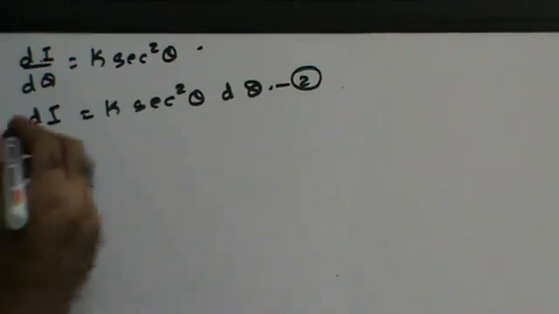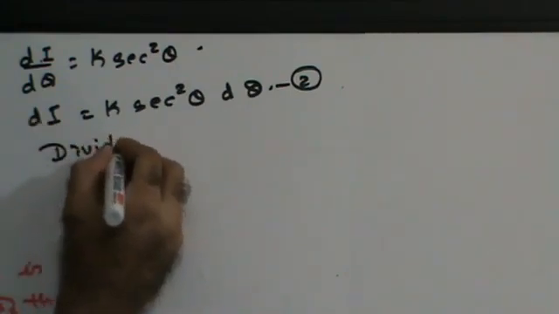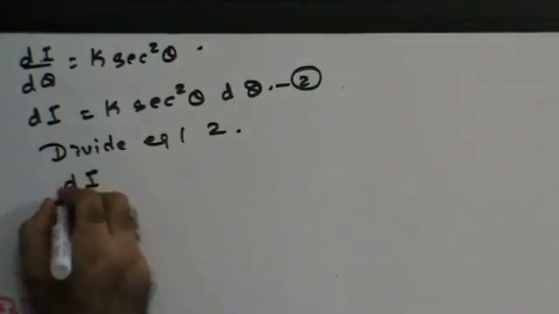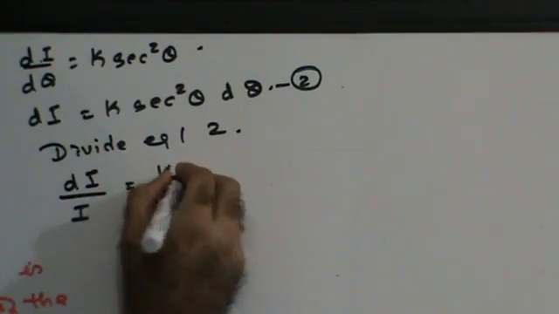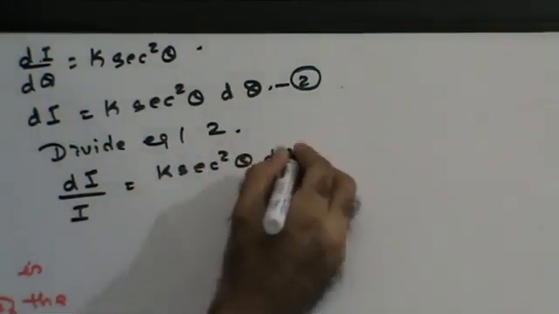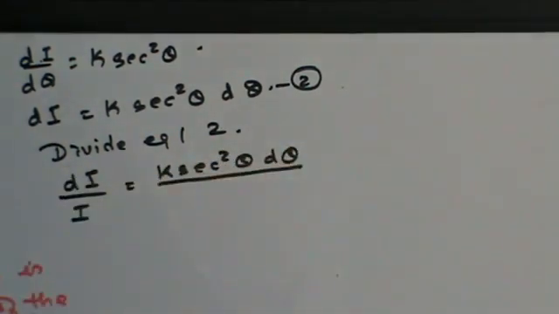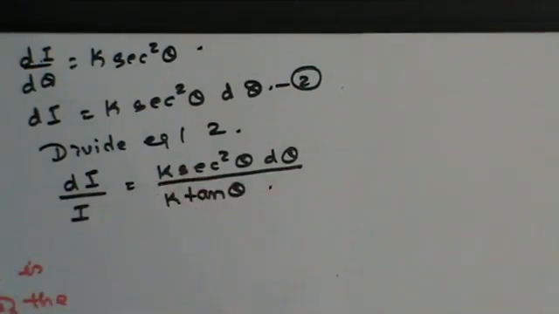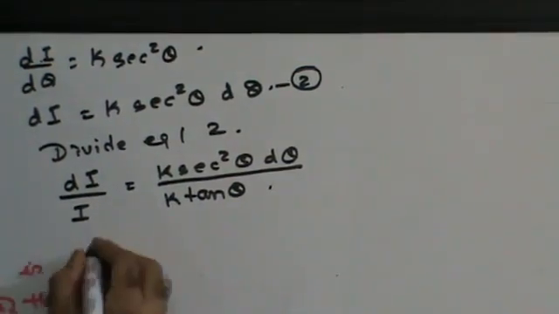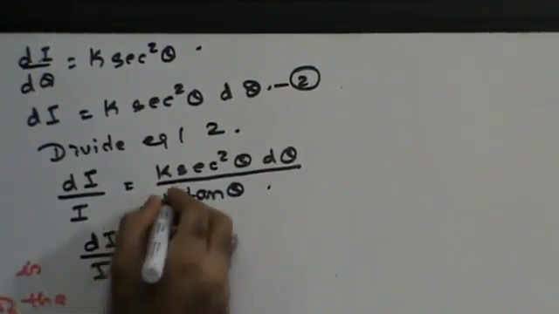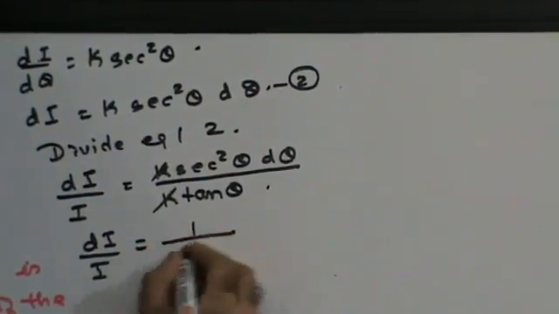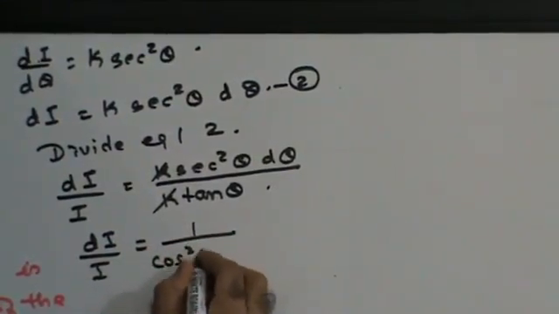Now divide equation 2 by equation 1. I'll get di upon I is K sec square theta d theta upon K tan theta, right? So in which case I can say that di upon I, K is gone, sec square theta is nothing but 1 upon cos square theta.